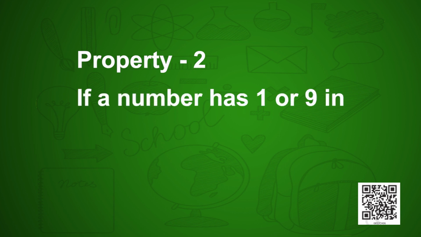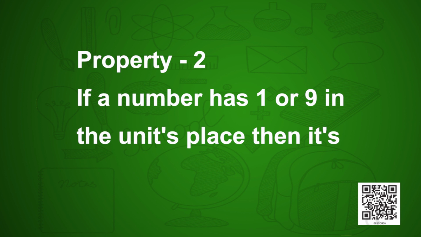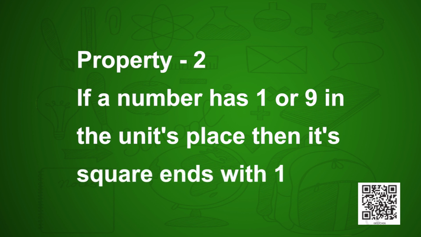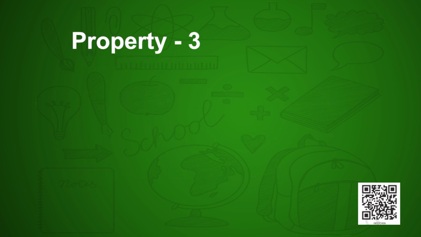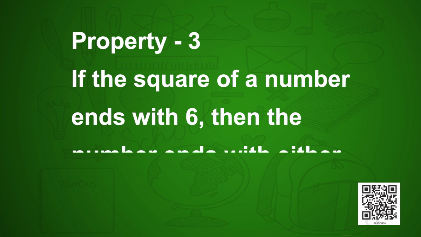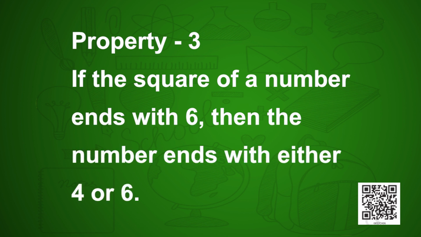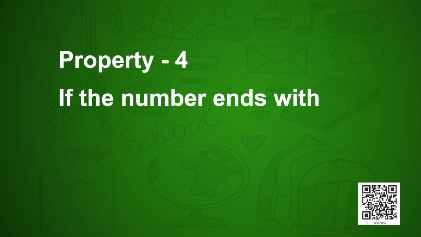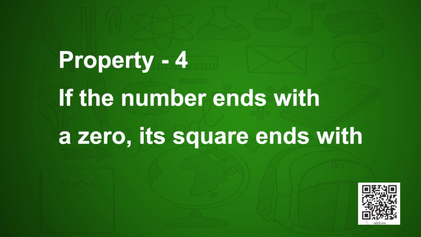We have seen that whenever a square number ends with 1, its number ended with either 1 or 9 in its units place. The third property was whenever a square number had 6 in its units place, the number had either 4 or 6 in the units place. And then we have seen that property 4 was whenever a number ended with 0, its square number ended with 2 zeros.